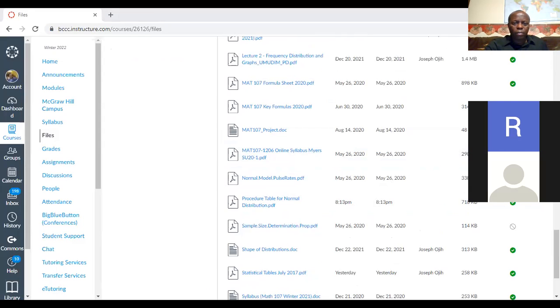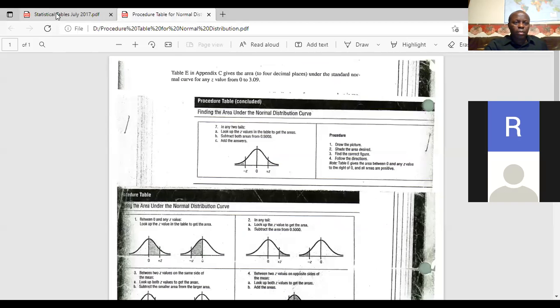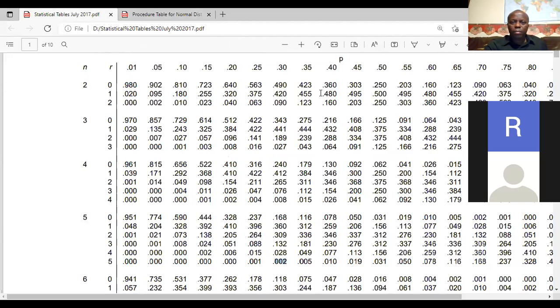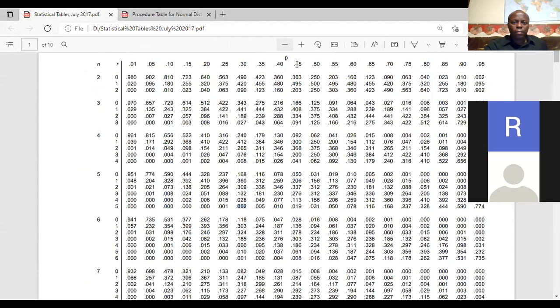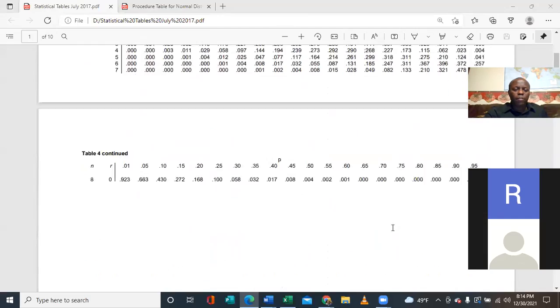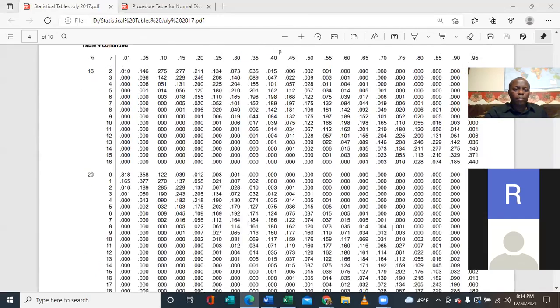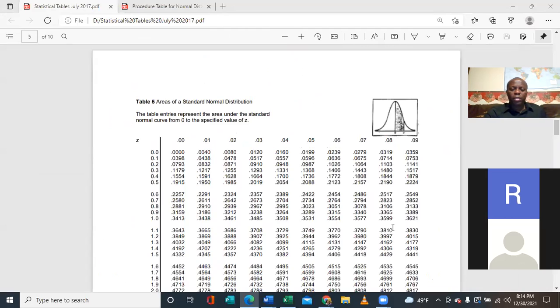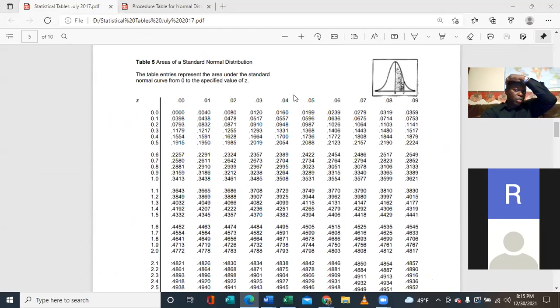This is table 5. This is the one we're using now, the normal distribution.